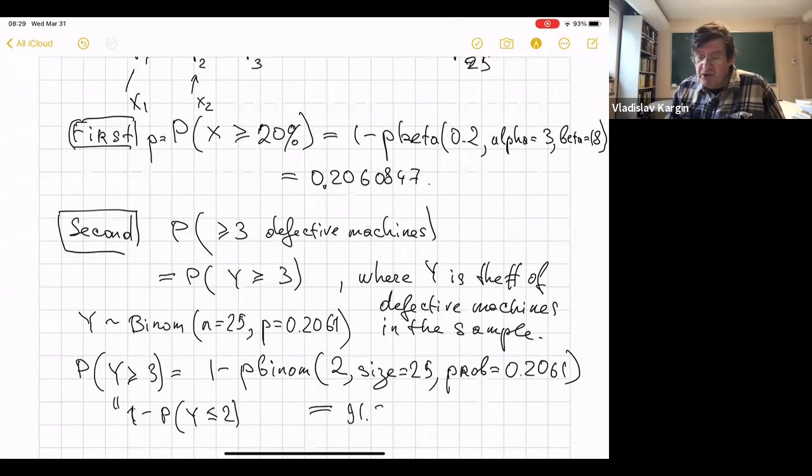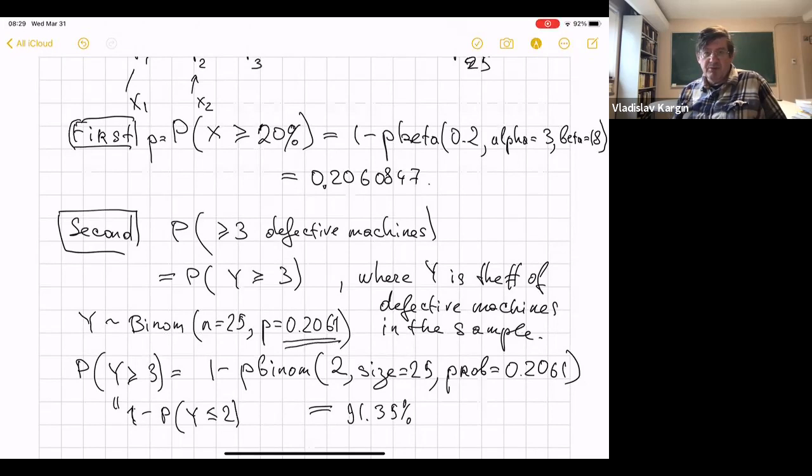It's pretty large, just because the probability is about 20%, 1/5. So then on average, a sample should have about 5 machines with this downtime ratio, right? Because p is about 1/5.